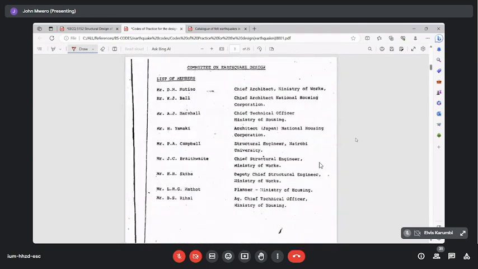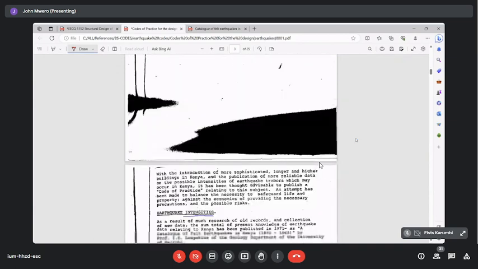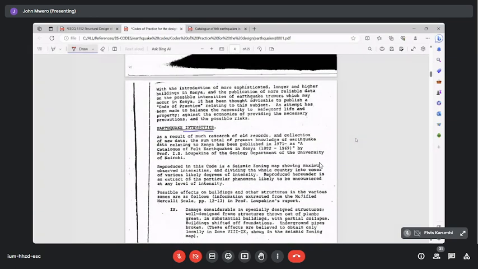There's a committee of whoever was there at that time: chief structural engineer, chief architect, and so on. As a result of much research of all records and collection of new data, the sum total of present knowledge of earthquake data relating to Kenya has been published in 1971 as a catalogue of felt earthquake intensities, which I've just shown you.